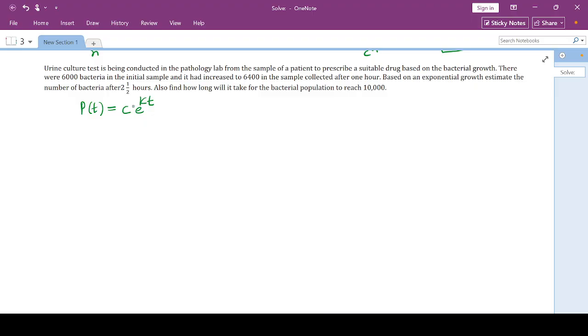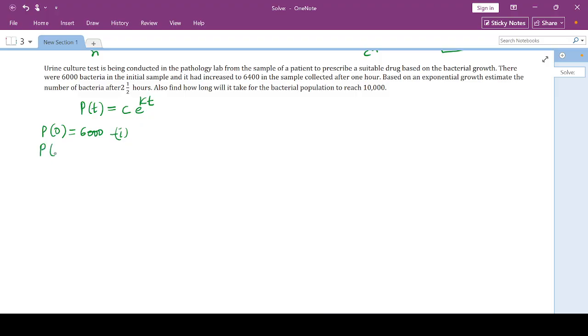Here we need to find out C and K. Given is, there were 6,000 bacteria in the initial sample. Initial means at t is equal to 0. So that is P of 0 is equal to 6,000. So this is the initial stage.